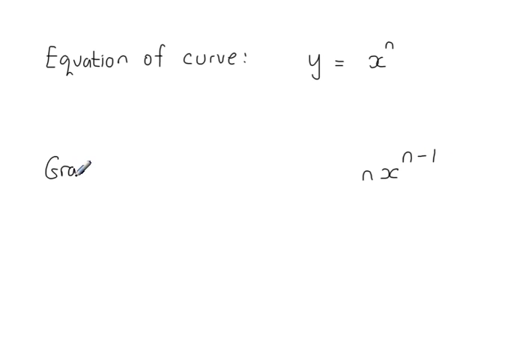This is called the gradient function, and the notation that's used is this: dy by dx is equal to this. Dy by dx is just saying a change in y divided by a change in x.